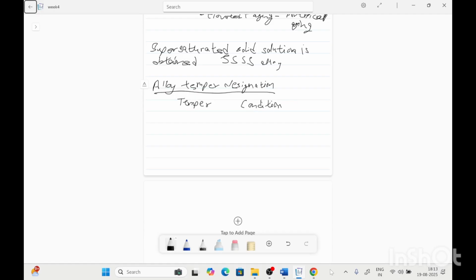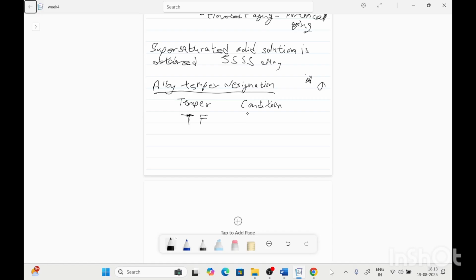As we know, the annealed sample is written as O. For temper also we have a designation, T. First we will discuss the simple designations.